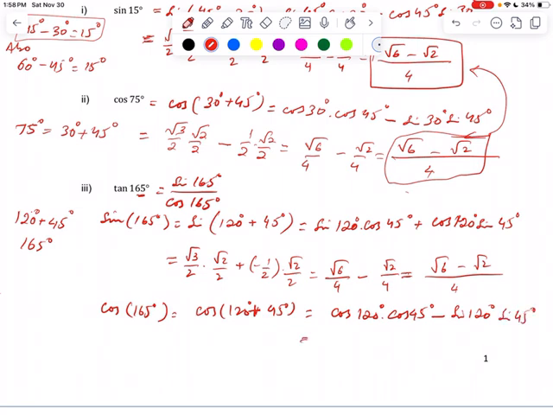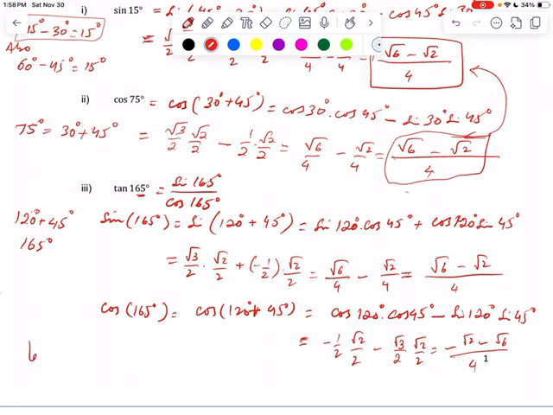Okay. Plugging in the values, cosine of 120 is negative 1/2. Cosine of 45 is square root of 2 over 2, minus sine of 120, which is square root of 3 over 2, and sine of 45 is square root of 2 over 2. So we end up getting negative square root of 2 over 4 minus square root of 6 over 4.